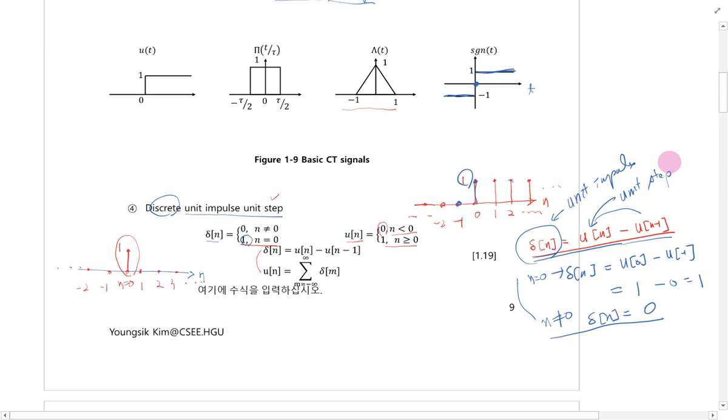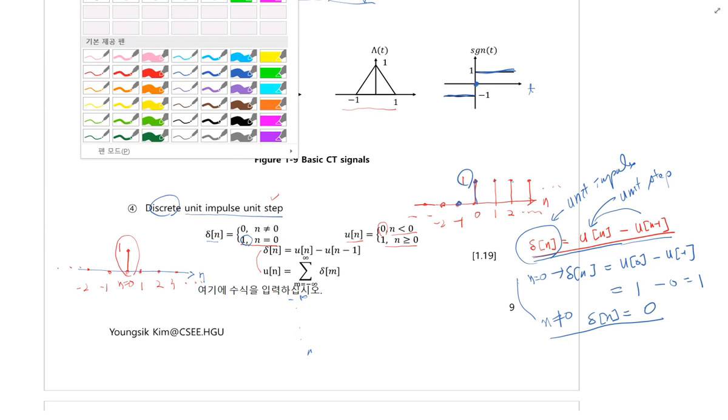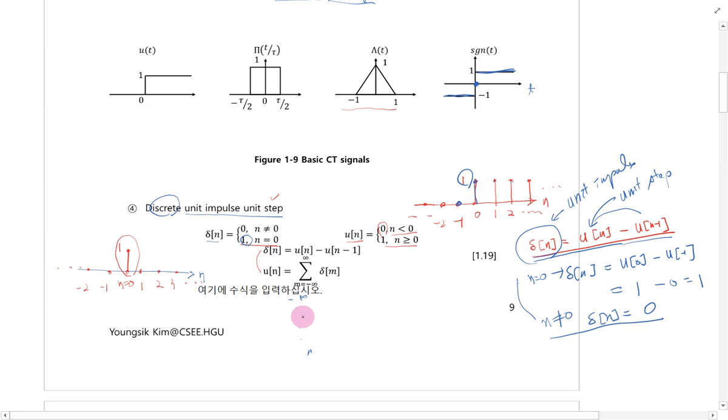What about the other cases? You know that m can range from minus infinity to n. For example, delta[m] equals u[m] minus u[m minus 1].